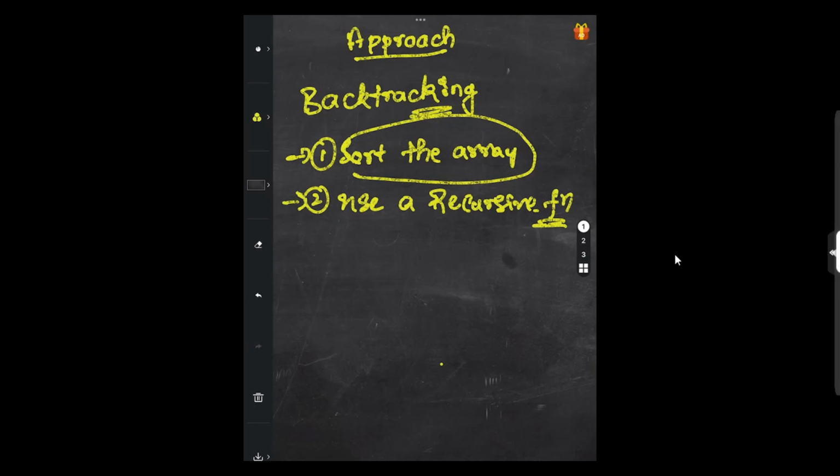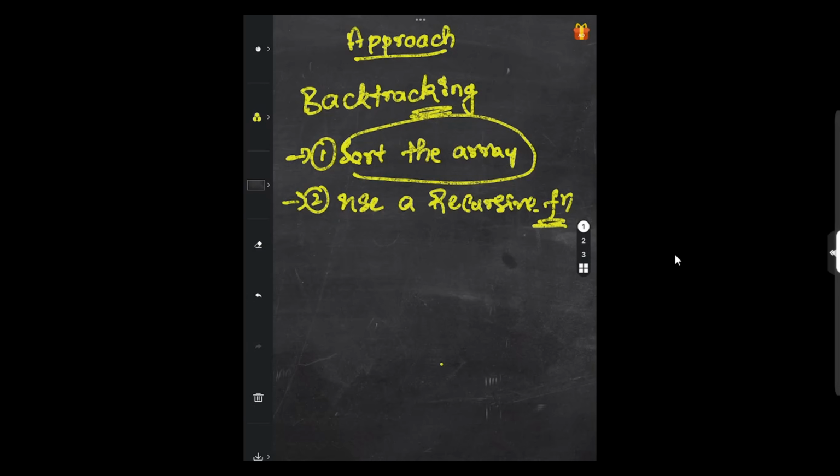And one more thing we need to consider here: we have to move to the next index each time, to ensure that each number is used exactly once. We can achieve that through the recursive function. Finally we will backtrack, meaning we remove the last added element if needed.